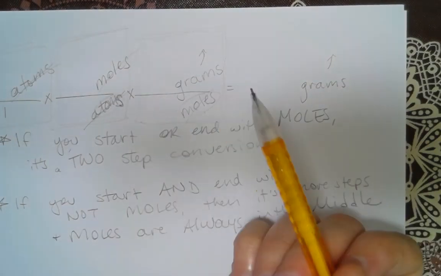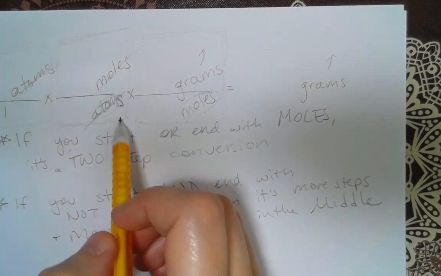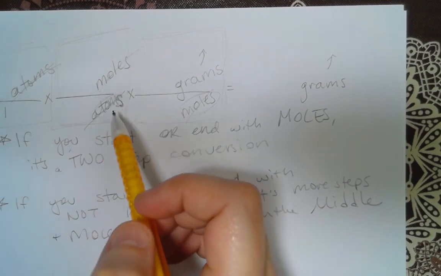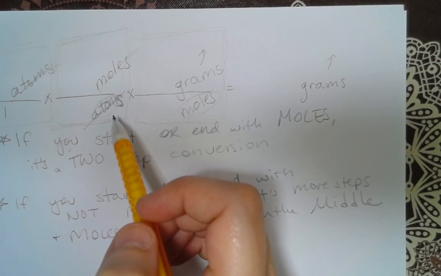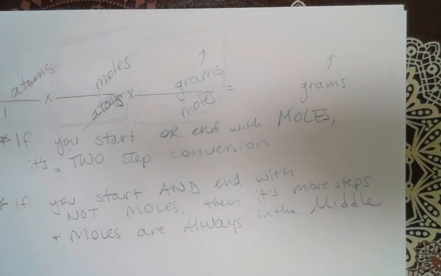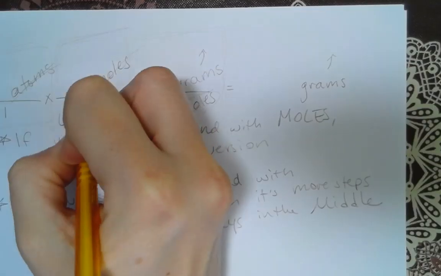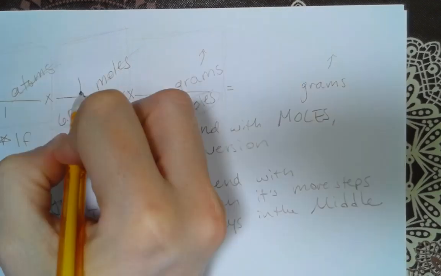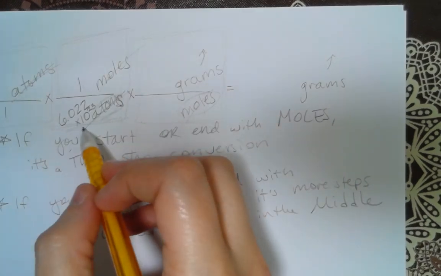Let's do this one first. How many atoms are there in a mole? I saw one person say it. 6.022 times 10 to the 23rd. There you go. Yup. Every single time. Anytime you've got the word atoms, the number that goes with that word is that big number.